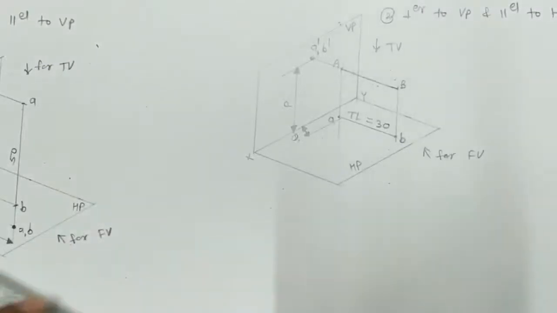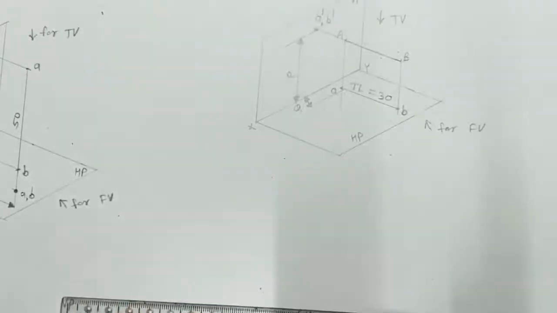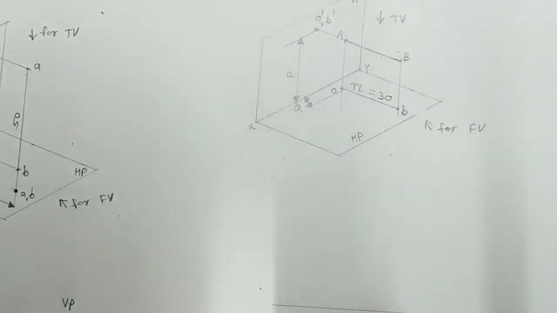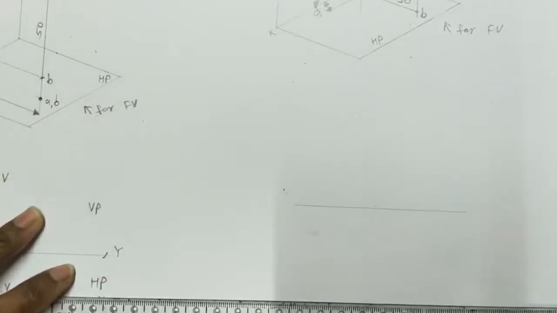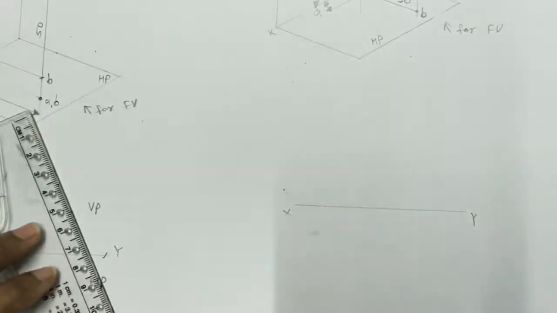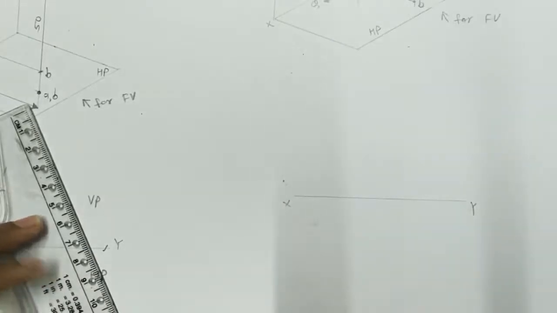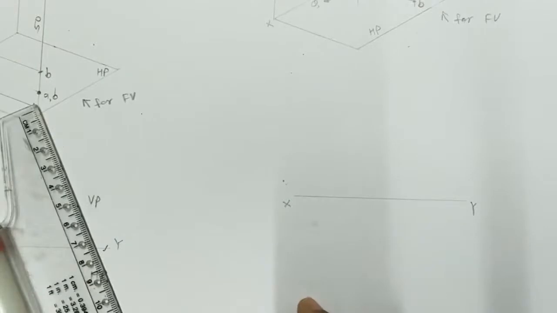So for this, draw a horizontal line and give its name as X and Y. Now A dash B dash is at a distance of P above HP.